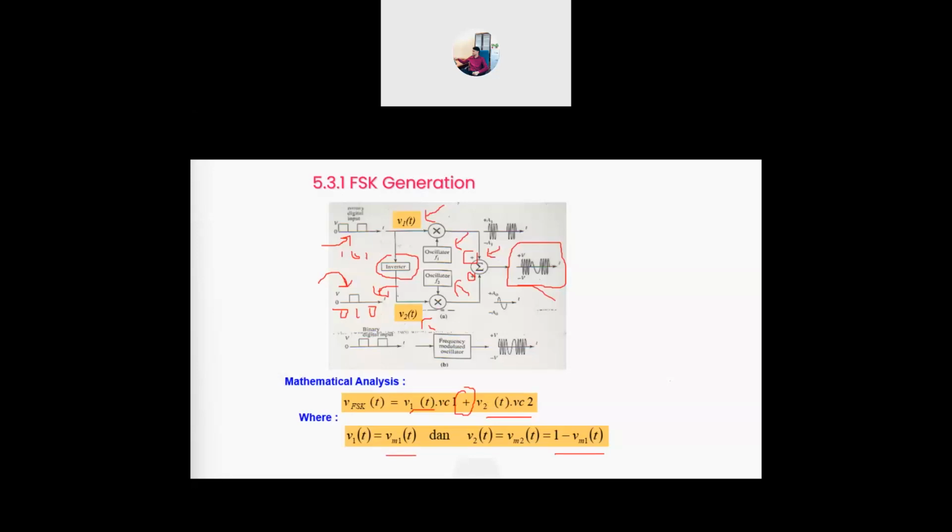You know why this is 1 minus? Because V2 is the inversion of V1. That's why we have 1 minus VM1(t). If you study mathematics, this is the complement, 1 minus the set, we get the complement. This is due to the inverter.